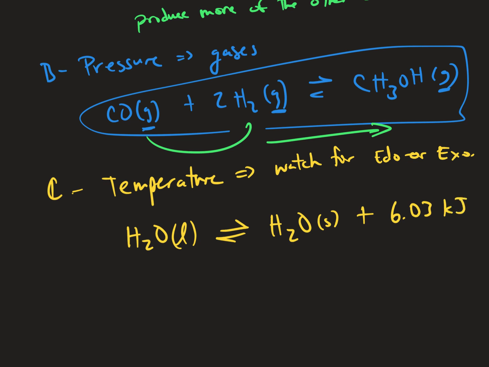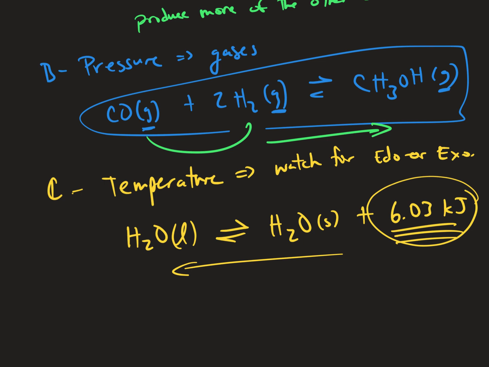Are we good? If we increase the energy, or increase the temperature, we're making this more. We're adding it to the right side. So which way is it going to go? It's going to make more reactants. You follow? And if you think about it, if we add heat, it's going to melt this ice and make more water, right?